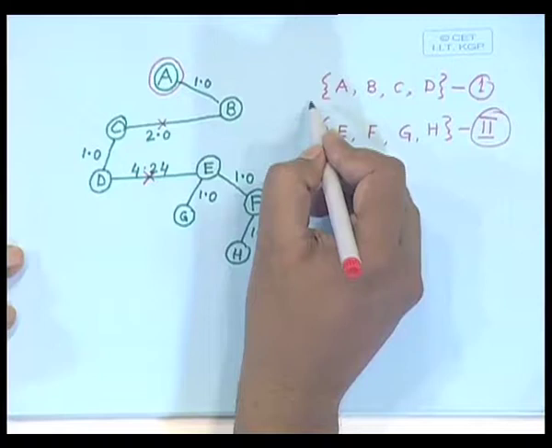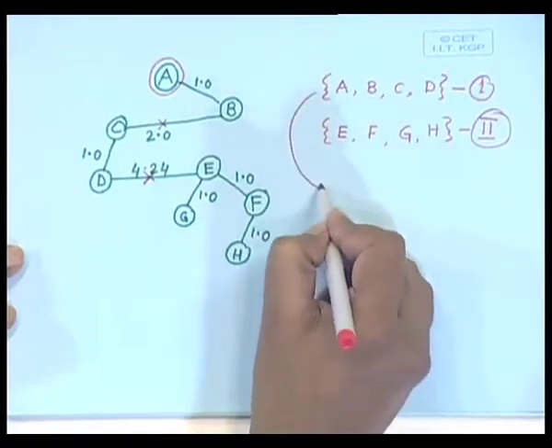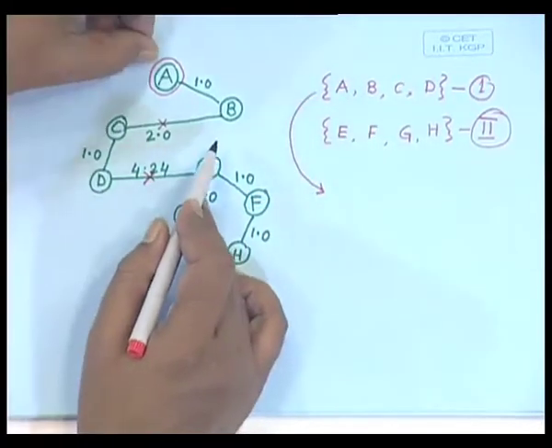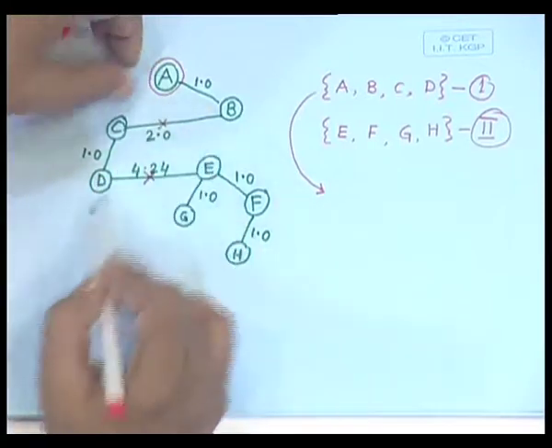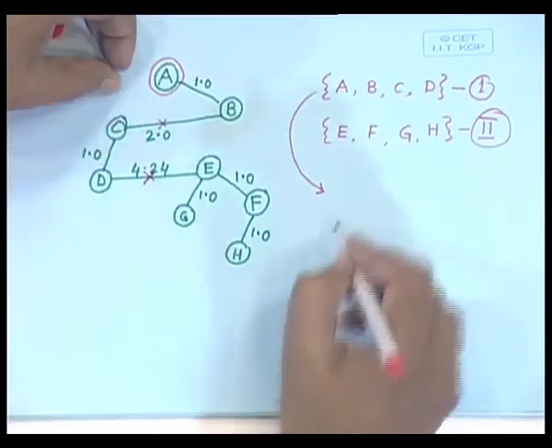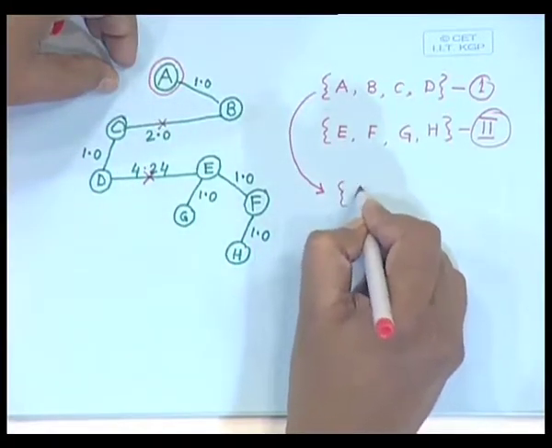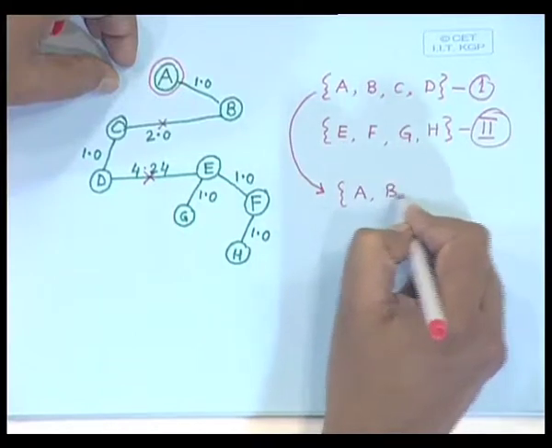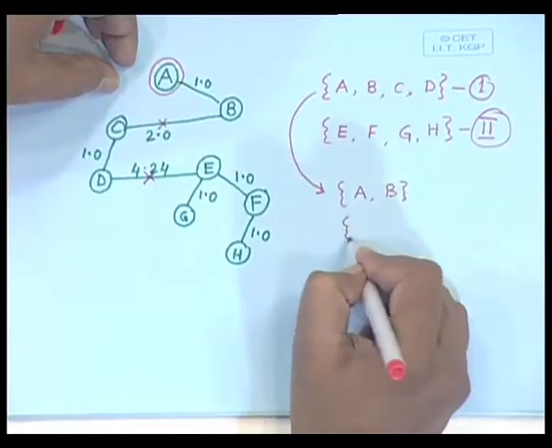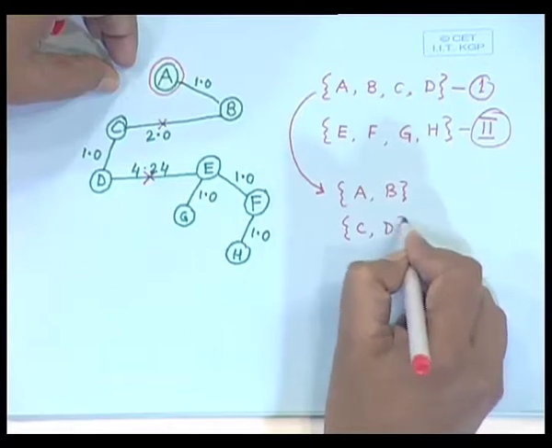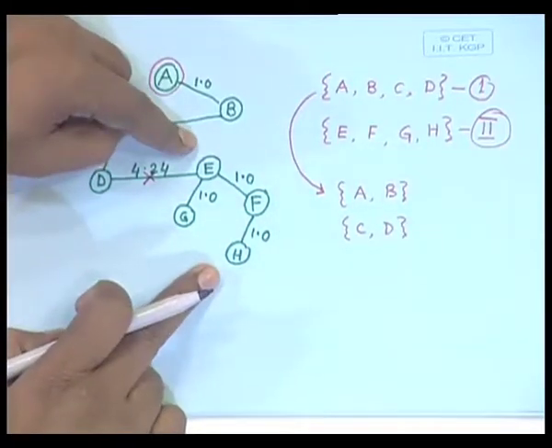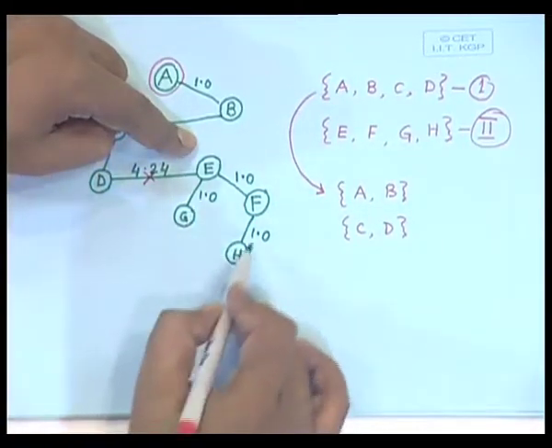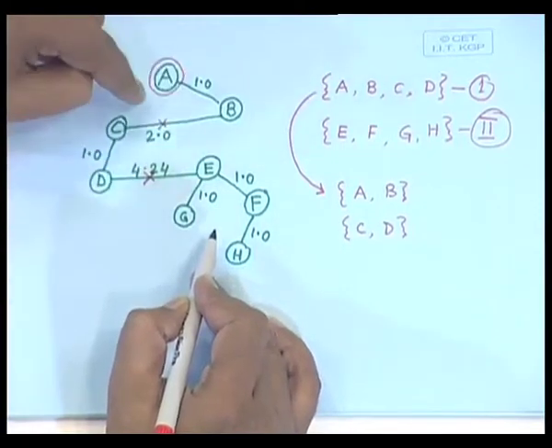If I remove this, then the cluster A, B, C, D is now broken into two clusters, one containing A, B, the other one containing C, D. So, I have clusters containing feature vectors A, B and C, D, and the other cluster remains as it is, because here none of the edges has the same value.